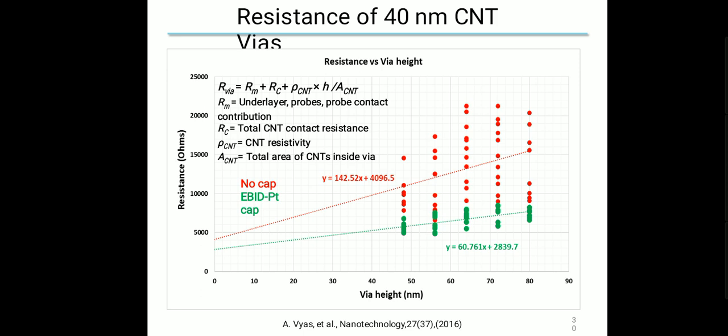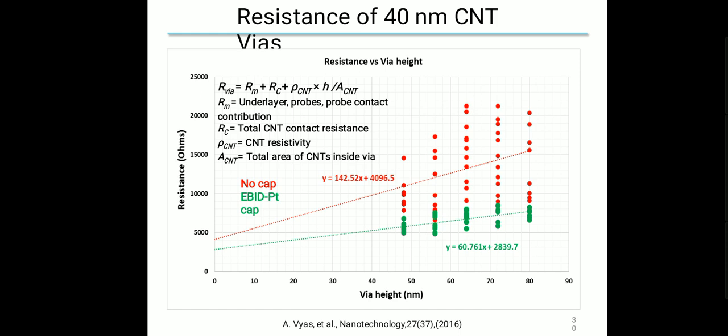This is the graph of resistance versus height, which we saw in the slide before. R via is equal to Rm plus Rc plus rho CNT into H by ACNT. Rm is the underlayer probe contact distribution. Rc is the total CNT contact resistance, and rho CNT is the CNT resistivity.